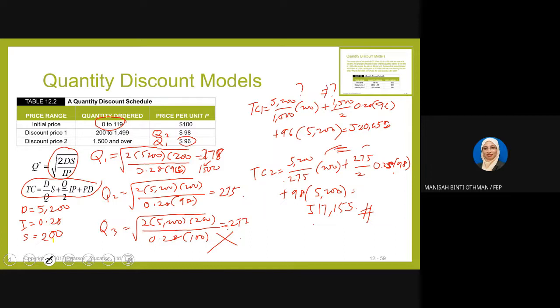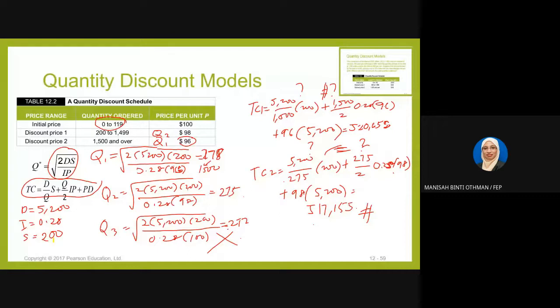Alright, so that's okay, as long as you get the minimum total cost, then we select that one. But it's not necessary that when you use the EOQ, that is the lowest total cost. Sometimes you will see that even though there is a difference between the annual holding cost and annual ordering cost, you will still find that it is the lowest total cost.